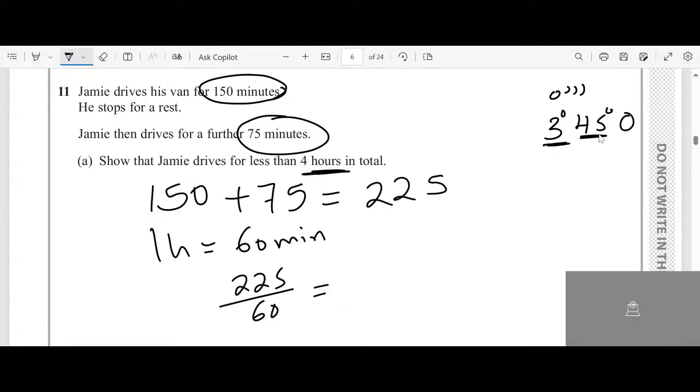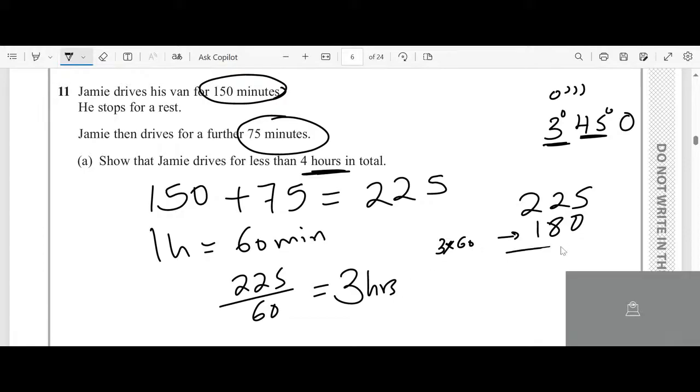But what if you don't have that option on your calculator? You'll just first say it's 3 hours. Then 3 hours times 60 will give me 180. So 225, I subtract 180, which results from the 3 hours that I've gotten from here. If you subtract, you have 45.